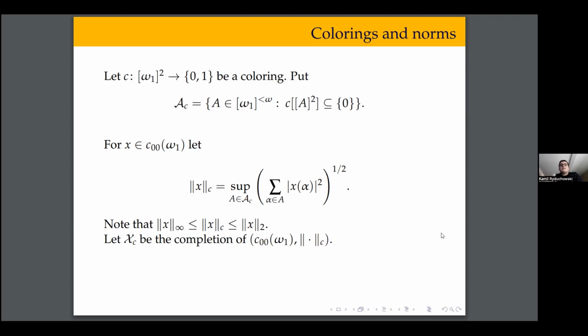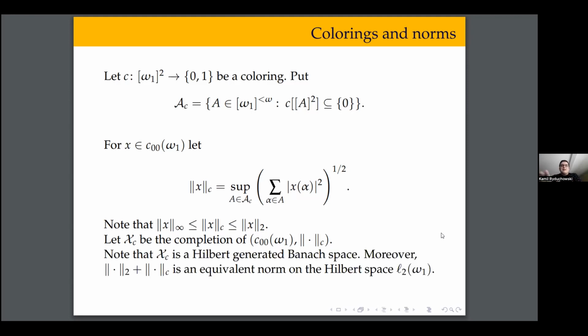Okay, so that's the very general construction, but for our purposes, we need some very strong properties of the coloring, so that the induced norm will be very chaotic. And the property is as follows.